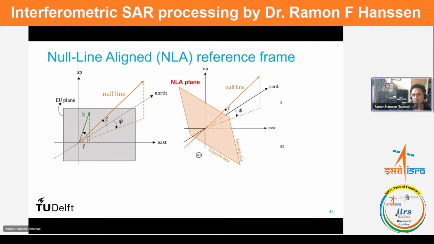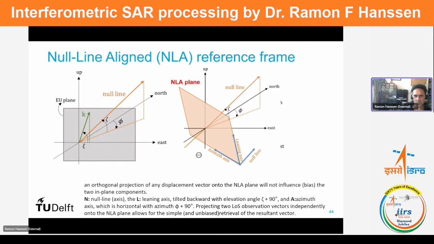So in other words, whereas on the left-hand side we make an error, we have a bias, this vector k. If we choose a different coordinate system, which is very easy to do because we know the orientation of the null line, then we don't have that bias, and we get estimates along the A and the L axis.